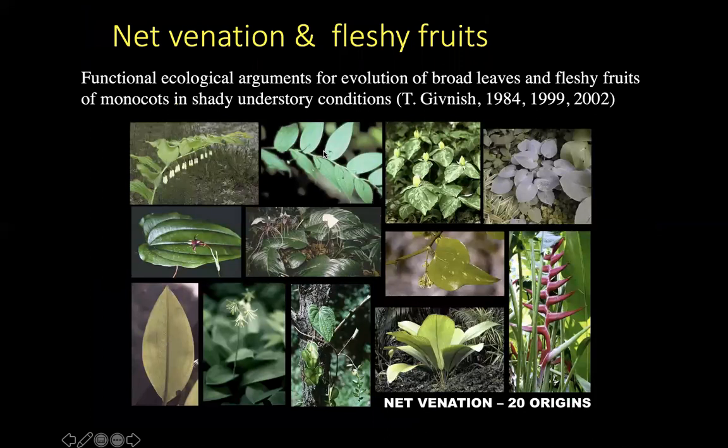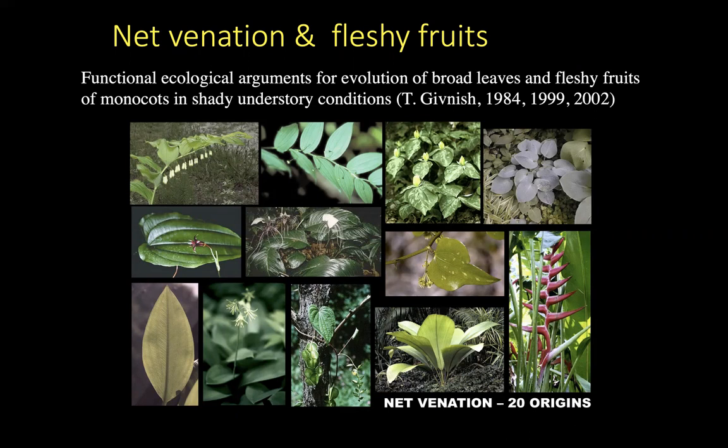Okay, so I told you that monocots more or less all have parallel venation, but there are really cool exceptions to that. Net-like venation has actually evolved repeatedly within the monocots, as well as fleshy fruits. And the two usually, if not always, go hand in hand, particularly in shady understory conditions where light is at a premium and having a broad leaf to intercept all possible light is advantageous.